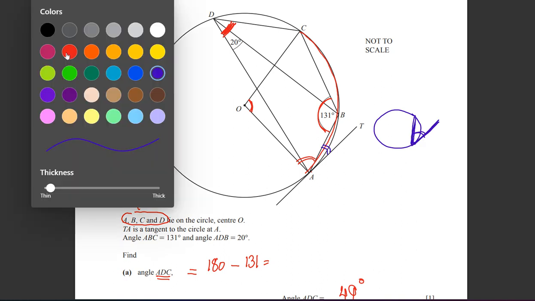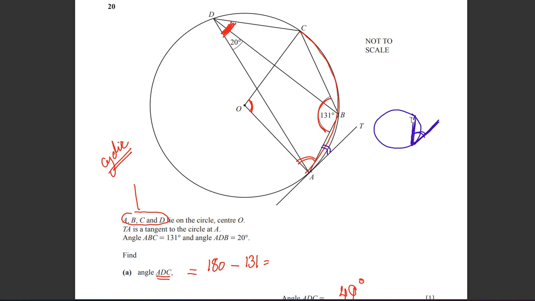He's telling me that this angle between the tangent and the chord equals the circumference angle which is opposite to this chord. So if I have this chord, let me erase this.